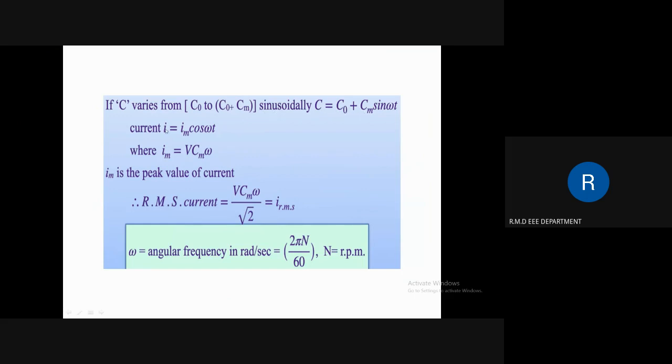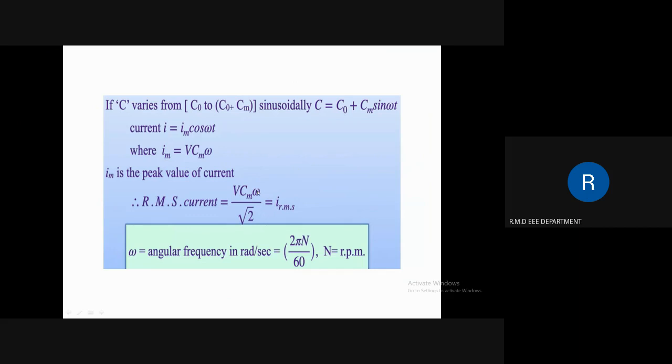So the current I is given by Im cos omega t, where Im is V into Cm into omega. This Im represents the peak value of the current. Therefore, the RMS value of the current is V into Cm into omega by root 2, that is, peak value by root 2. This is the I RMS value.